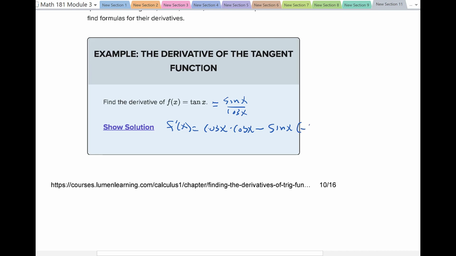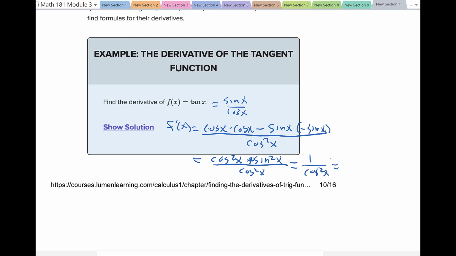Derivative of cosine is negative sine of x, all over the square of what's below, so all over cosine squared x. And so that's going to be cosine squared x minus sine squared x over cosine squared x. Oh, sorry, that's not minus, it's a double negative, so it's plus. That gives us a 1 in the numerator, and that gives us a cosine squared x in the denominator, which leads to secant squared x.